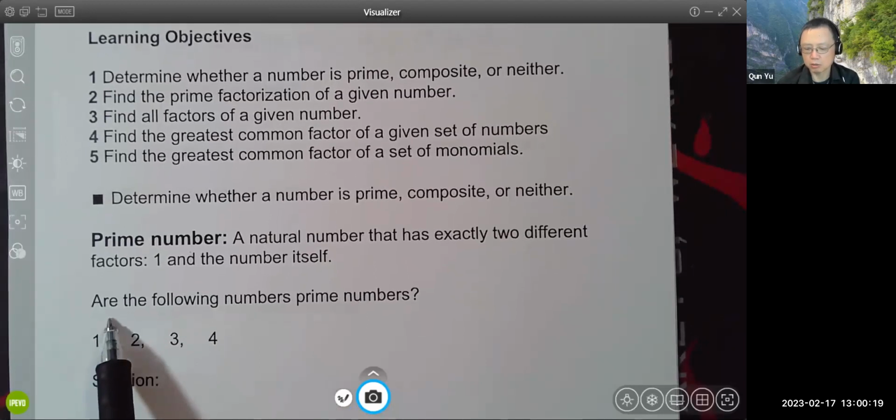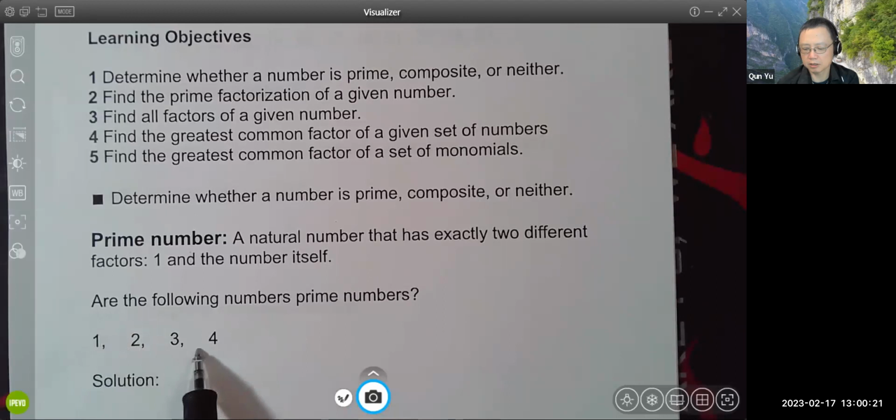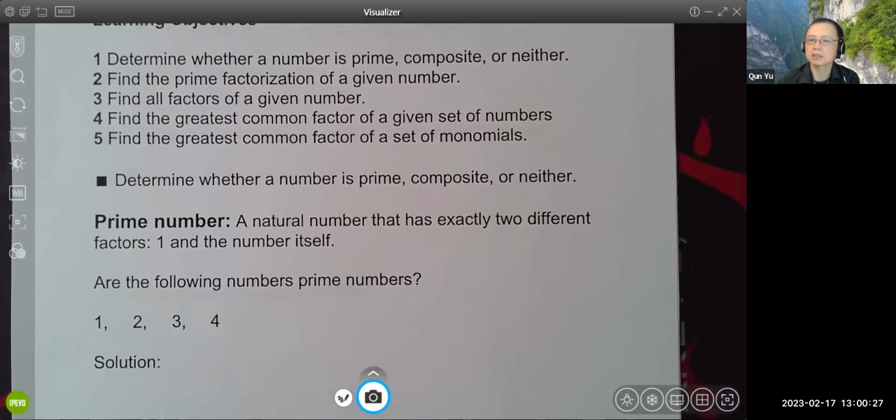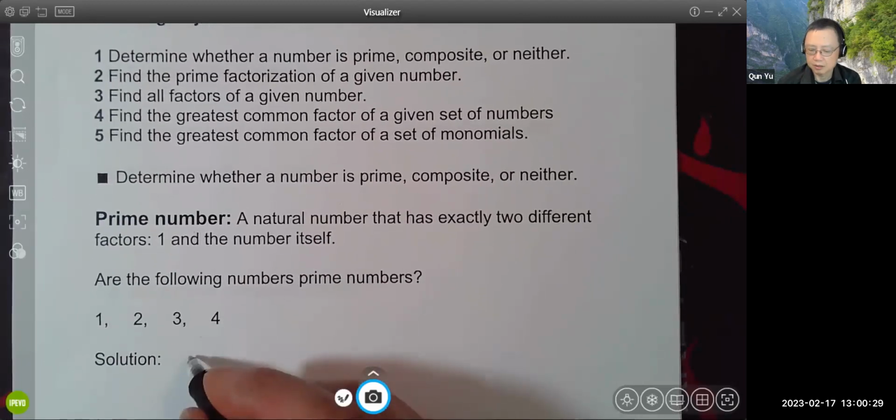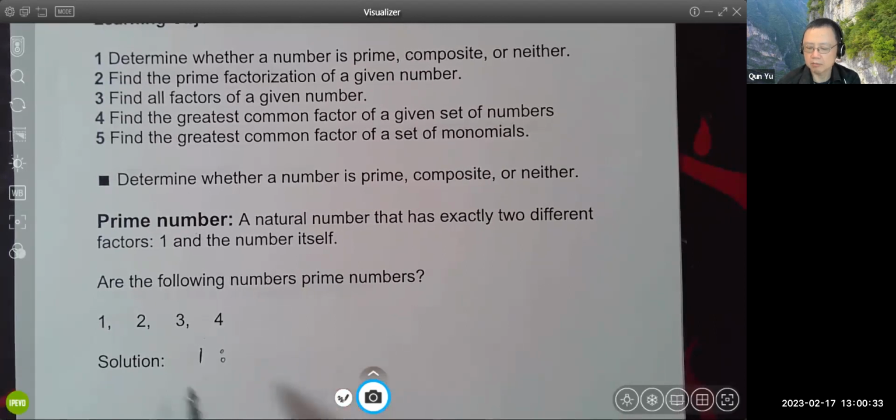So this is the question: are the numbers listed here prime numbers? Let's look at them one by one. The first number is 1. We determine whether a given number is a prime number or not by the definition.